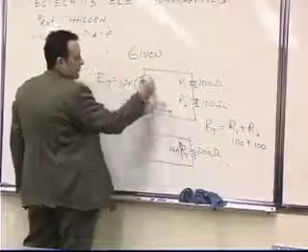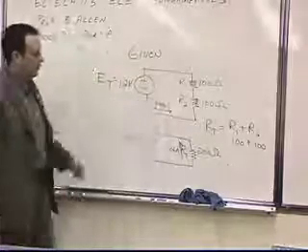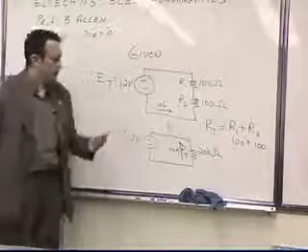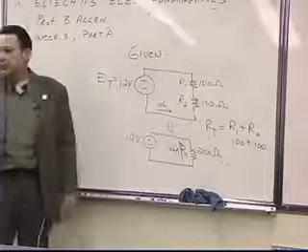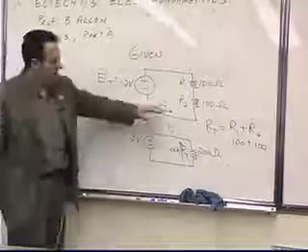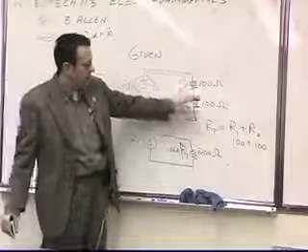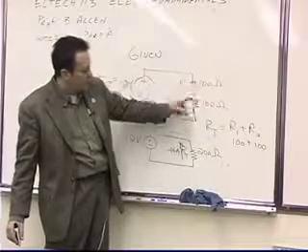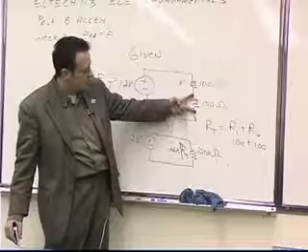And since this is a series circuit, what's the current flowing in every single resistor? 0.06.